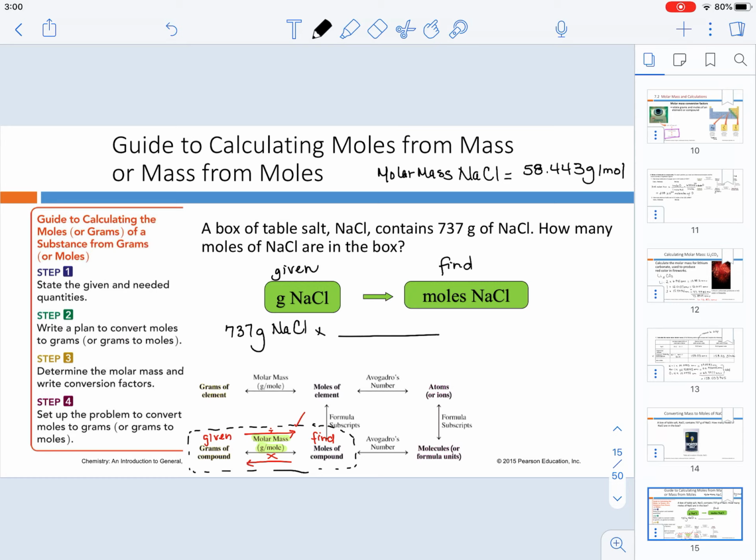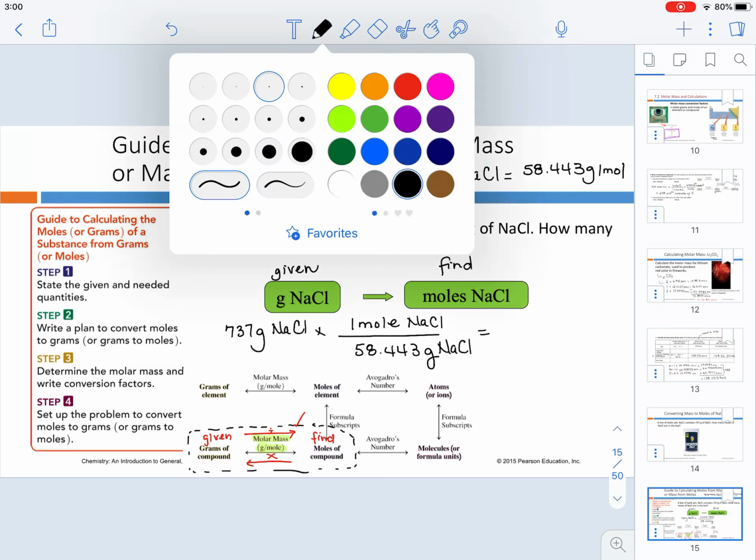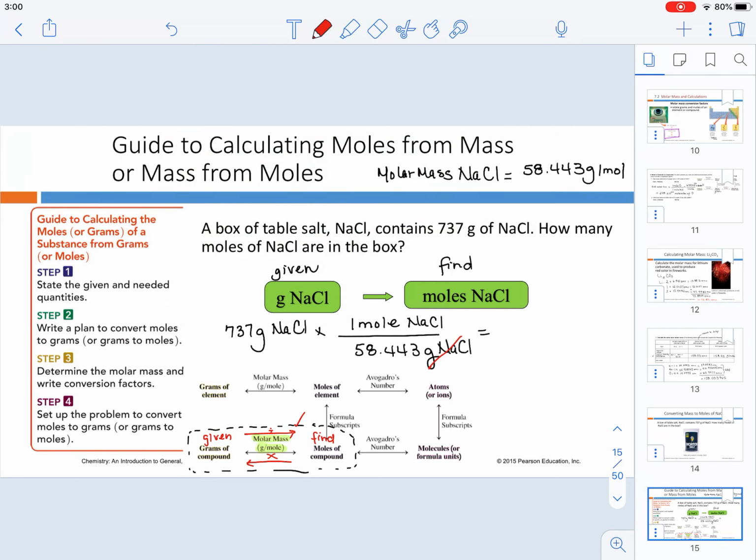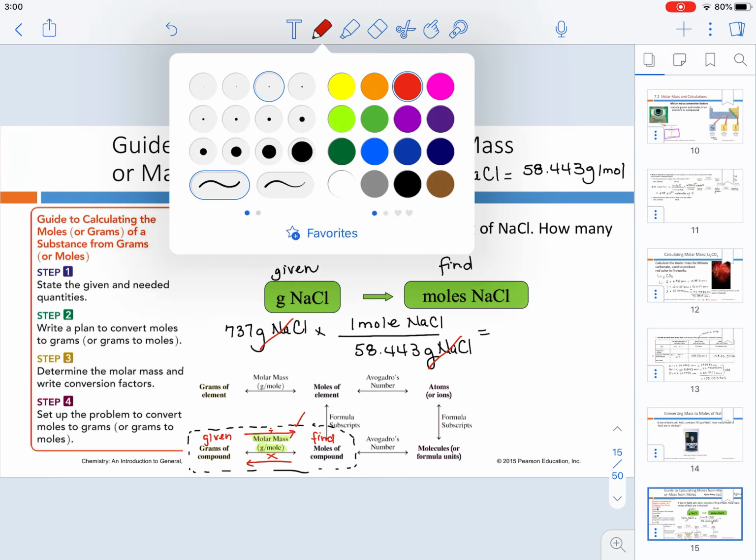So remember, in 1 mole of NaCl, I have 58.443 grams of NaCl. Grams of NaCl cancel.